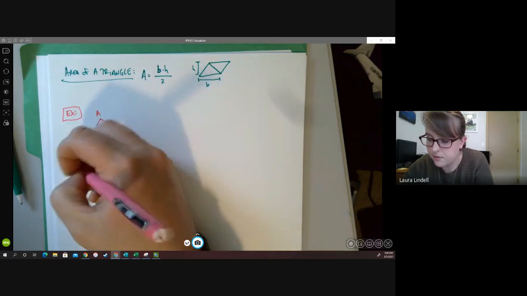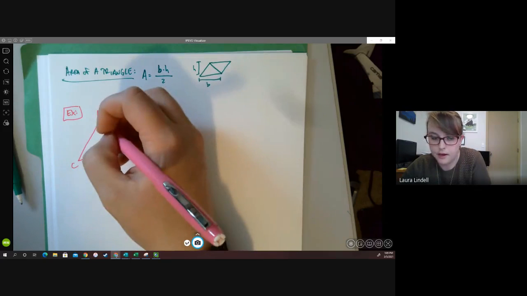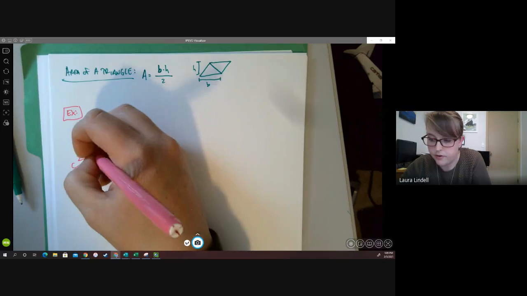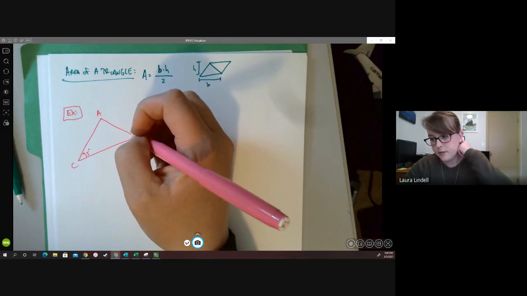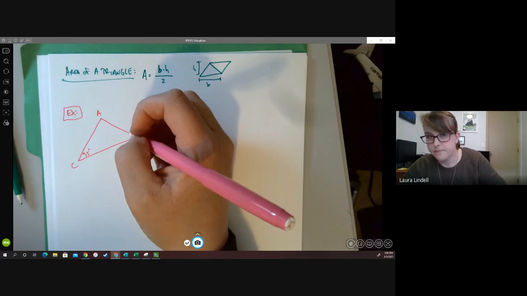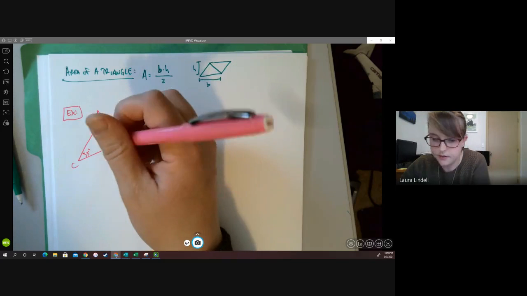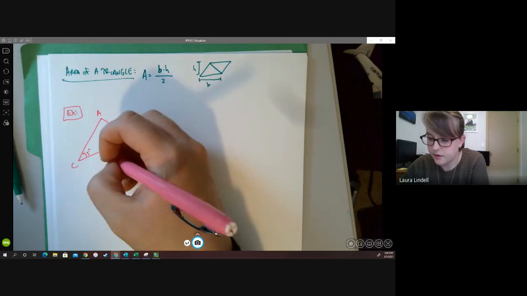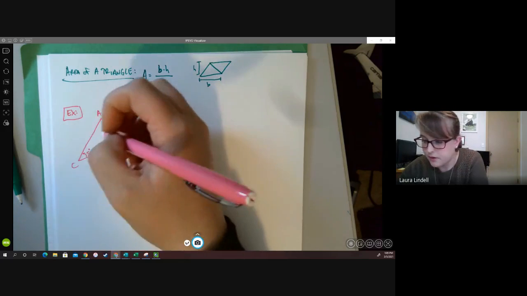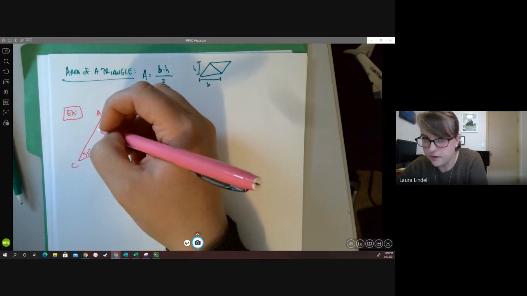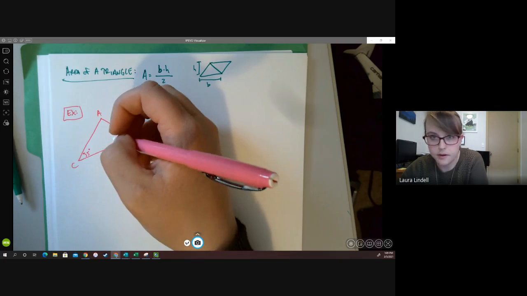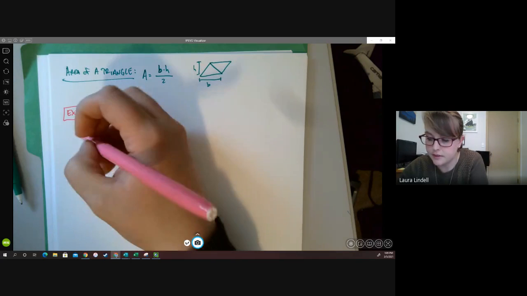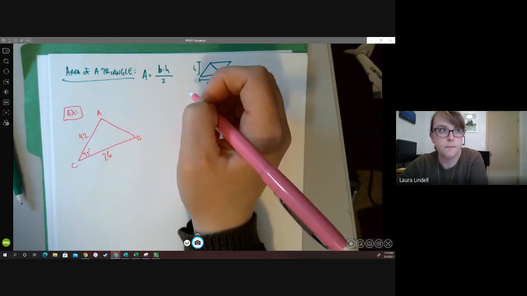So we'll have triangle ABC, and angle C is 35 degrees. And we'll say that, or actually, sorry, we'll do this side length is 26 and this side length is 42.